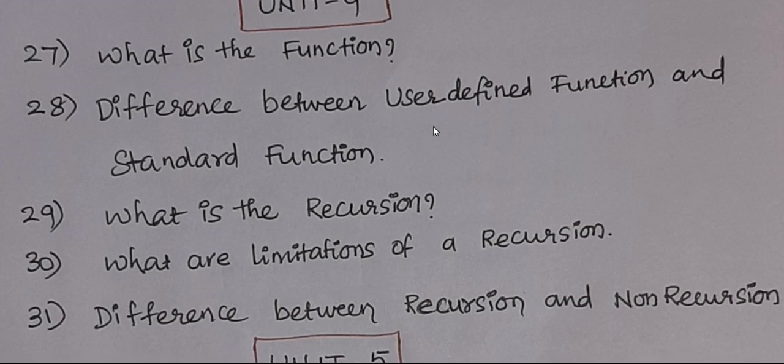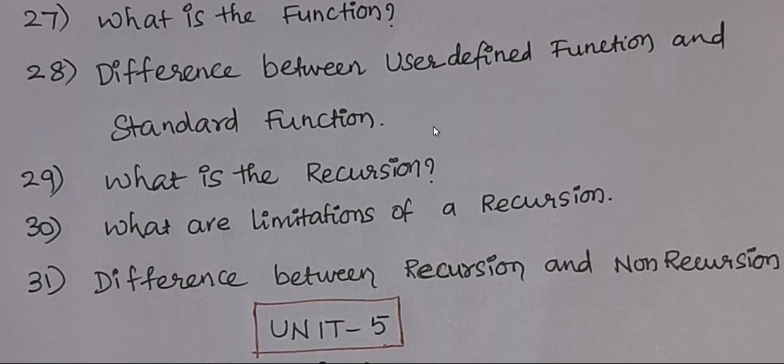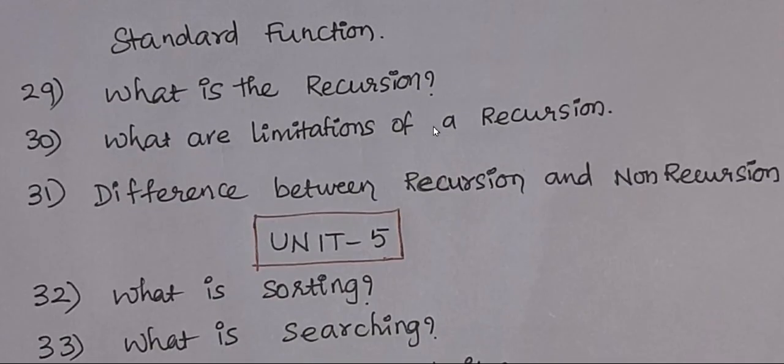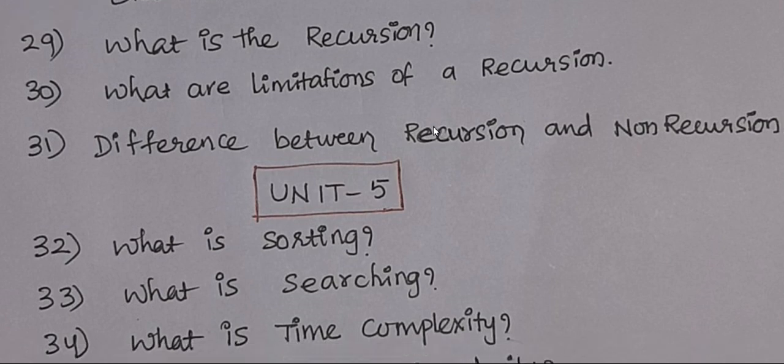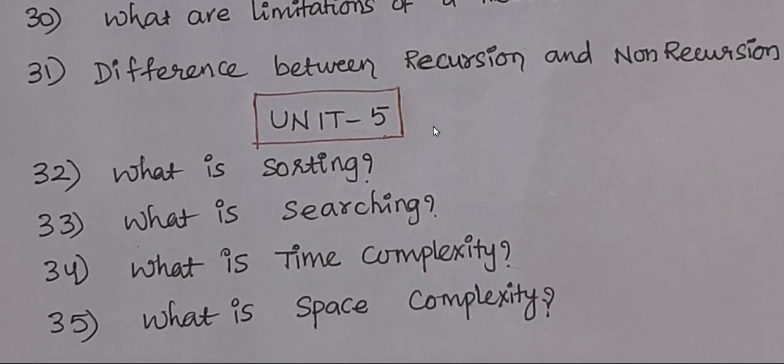Next question, 28th question, short question, difference between user defined function and standard function. Next, sometimes they will ask what is the advantage of the function. Next, what is the recursion? Next, what are limitations of a recursion? Next, difference between recursion and non-recursion.